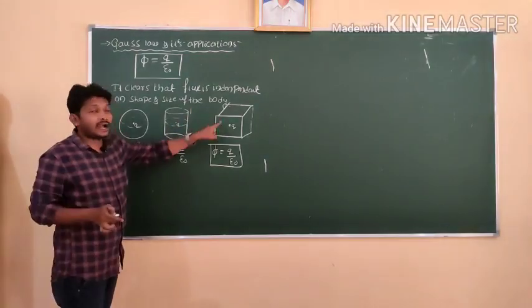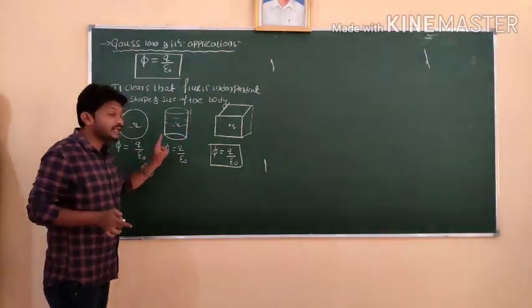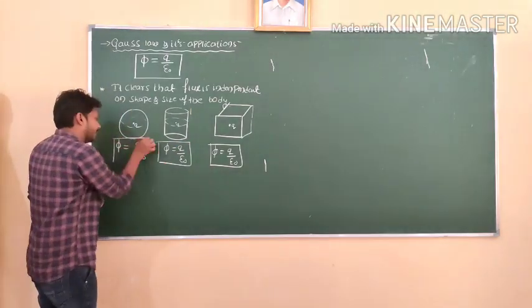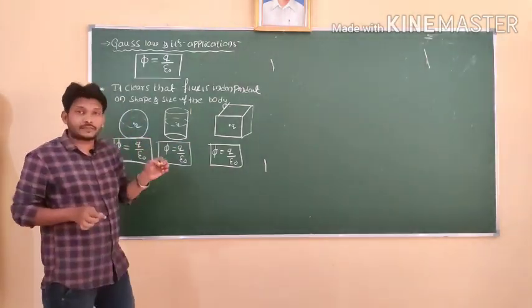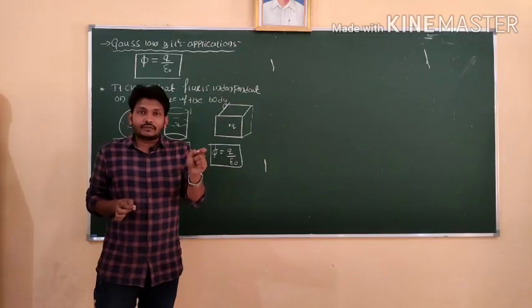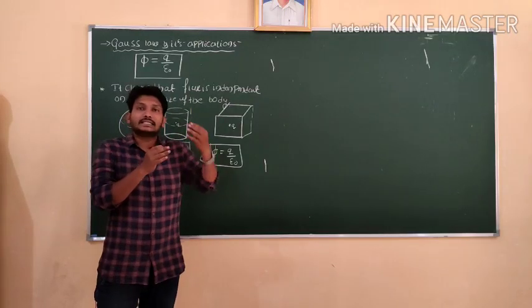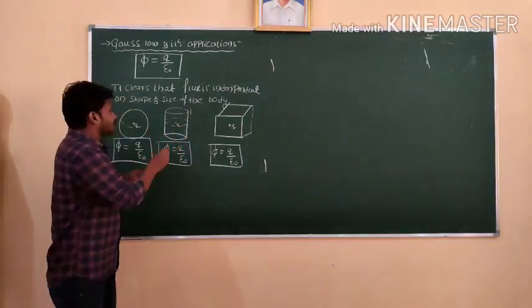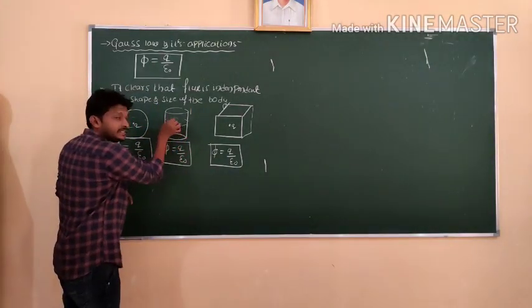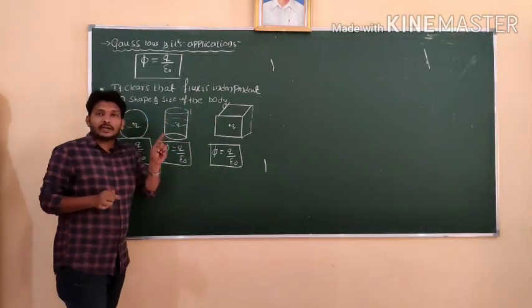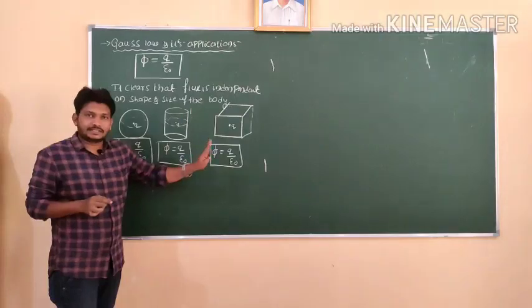It means that the flux value is independent of the shape and size of the body, and it is also independent of the position of the charge. Wherever you place the charge inside the cylinder, the sphere or the cube, the flux value will remain the same here.